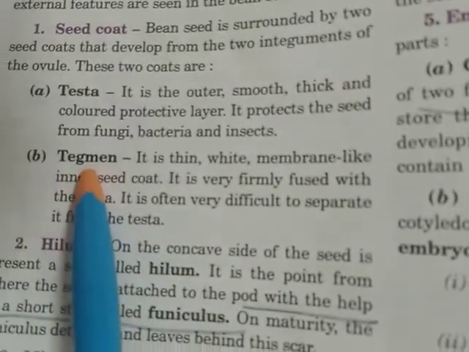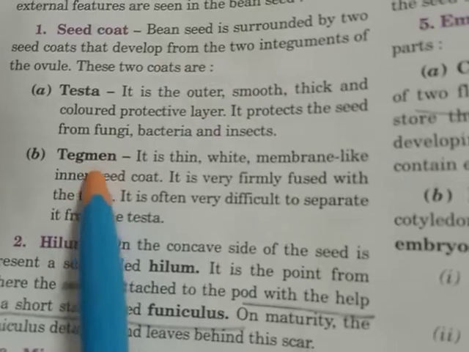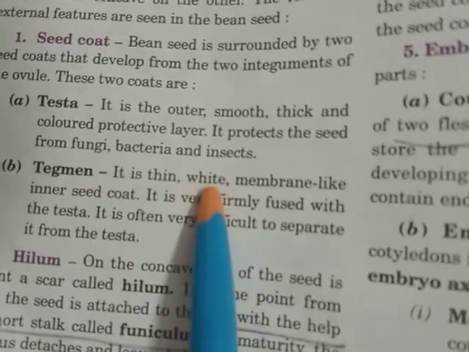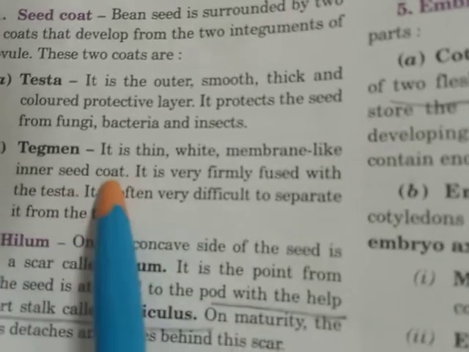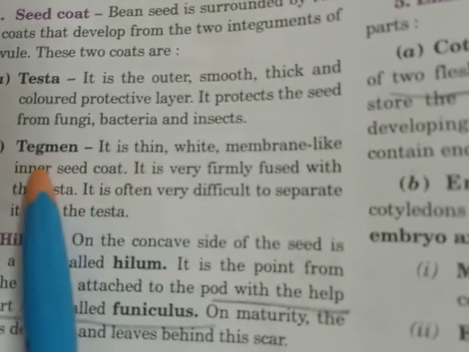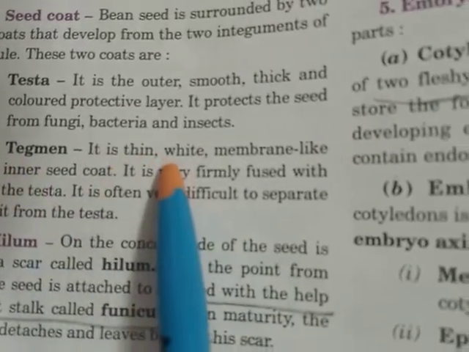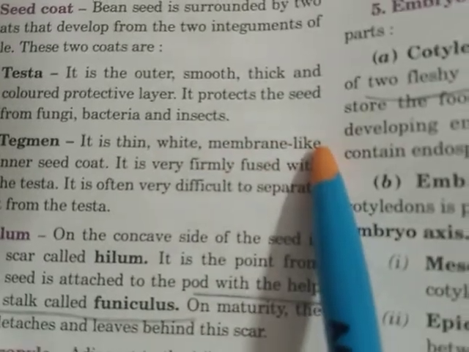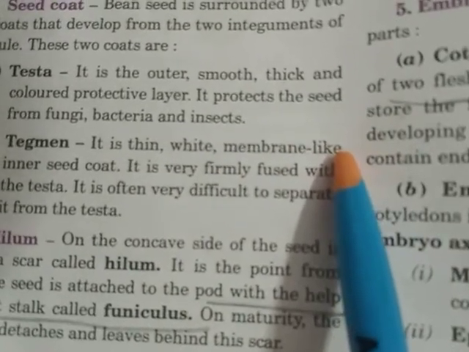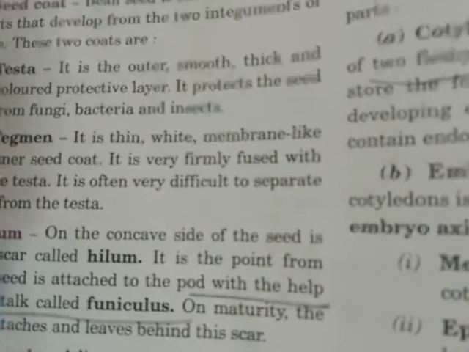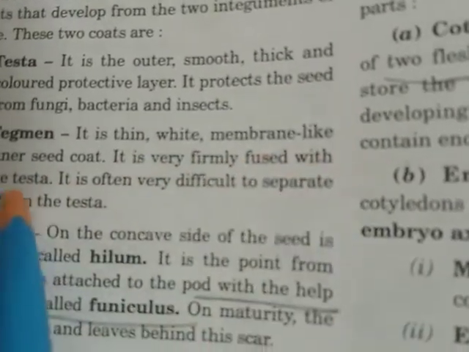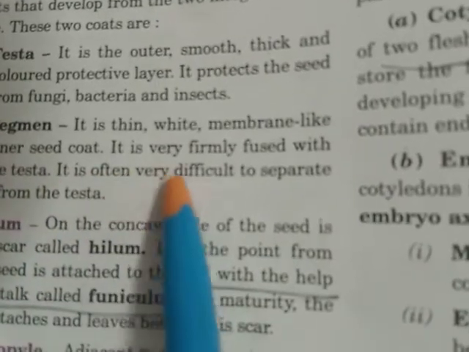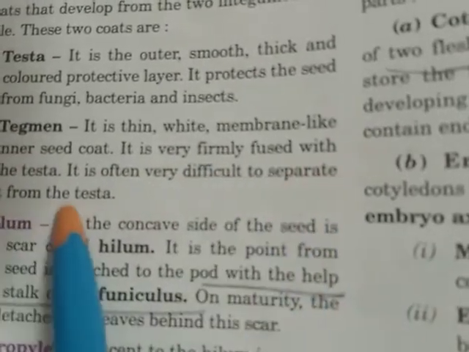Tegmen, the second layer, is the tegmen. It is a thin, white, membrane-like inner seed coat. It is very thin, just like a membrane, and it forms the inner seed coat. It is very firmly fused with the testa. It is often very difficult to separate it from the testa.